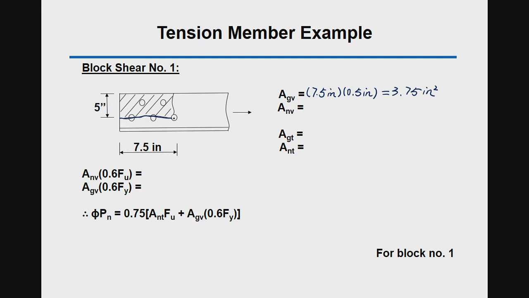So along the shear path, there are 1, 2.5 holes. So ANV is going to be equal to the gross shear area, which is 3.75 square inches, subtracted by the total hole area, which is 2.5 holes along the path, times the hole diameter, 7/8 inches plus 1/8 inch, and times the thickness, 1/2 inch, right? Equals 2.5 square inches. Okay.